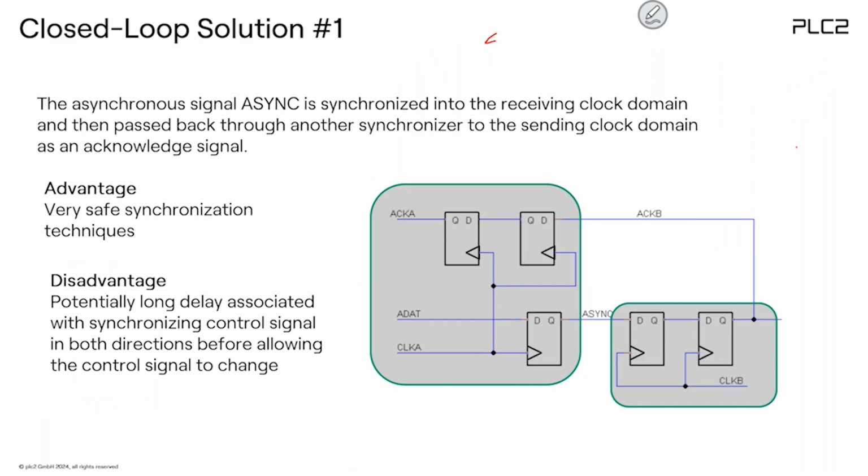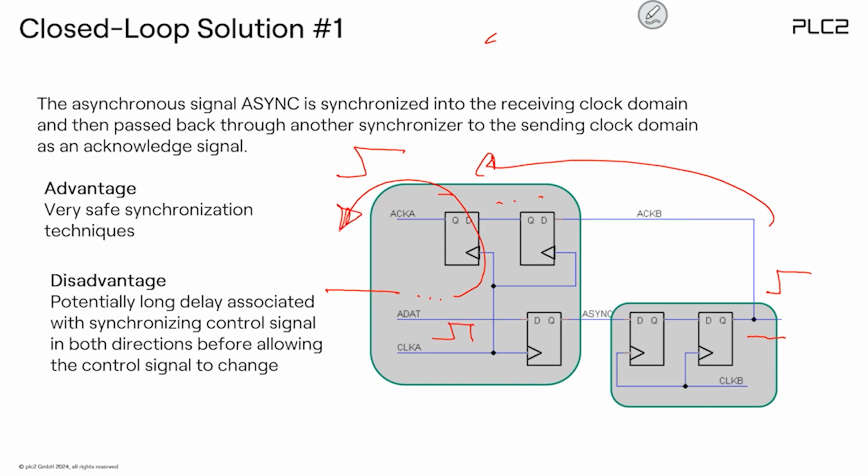We just place a signal here. Now the signal is synchronized, and then this signal appears after synchronization. The signal appears here, and now we go back, synchronize it back, and so the feedback appears here. So this means we just fire, then we wait until we get the feedback, and then we do the next.